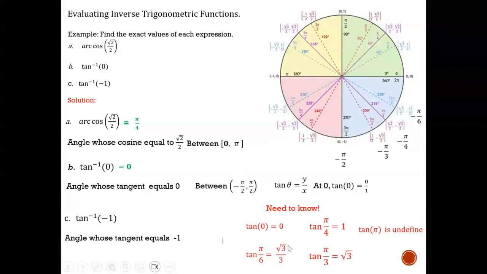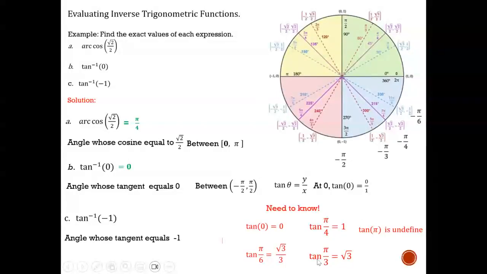And why is that? Because when you have the same signs, the answer is positive. When you have different signs, the answer is negative. Quadrant 1 is positive, positive, and quadrant 3 is negative, negative. So in quadrants 1 and 3, the tangent will be positive. And in quadrants 2 and 4, the answer is going to be negative, because the signs are different.